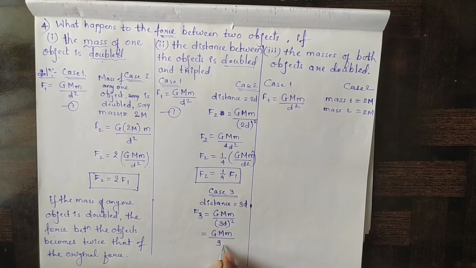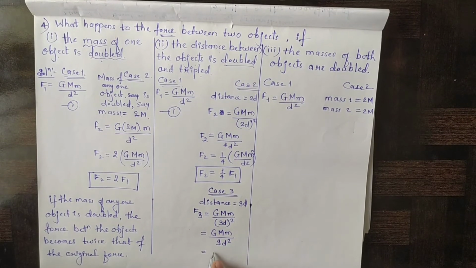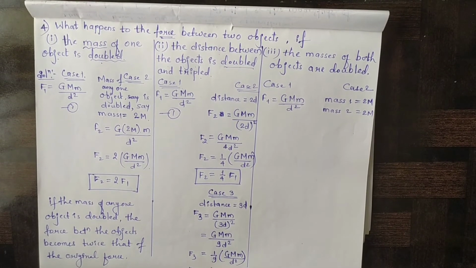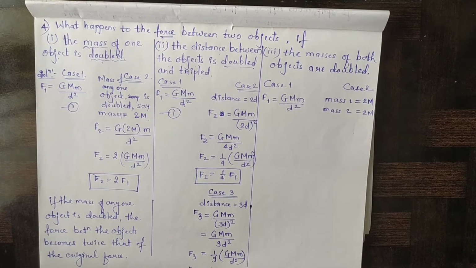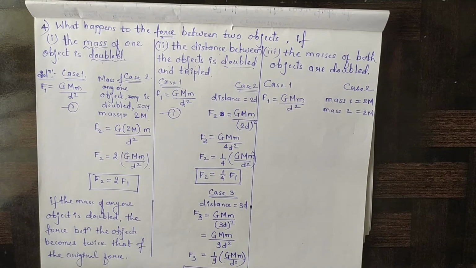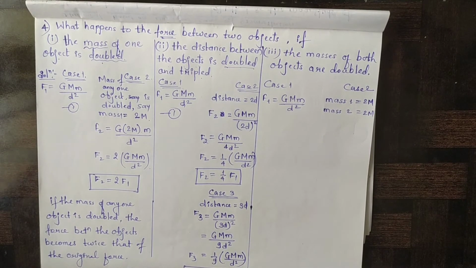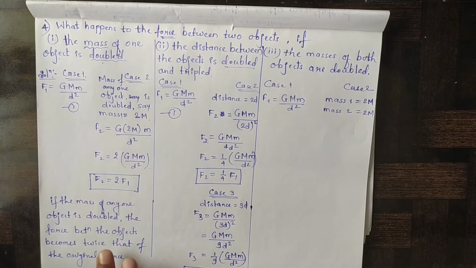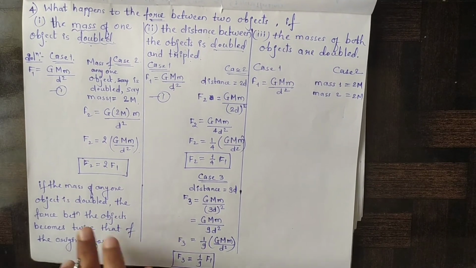Squaring this, we have 9 D square, which is equal to 1 by 9 into G M m upon D square, and this F3 is equal to 1 by 9 into F1. So if the distance is tripled, then the force will be 1/9 times that of the original force. As there is lack of space, I have not written it in words.